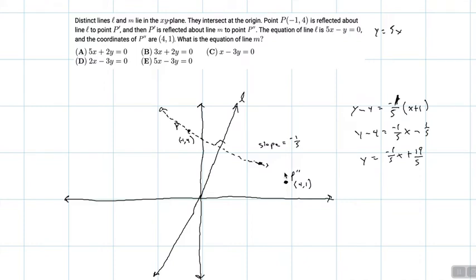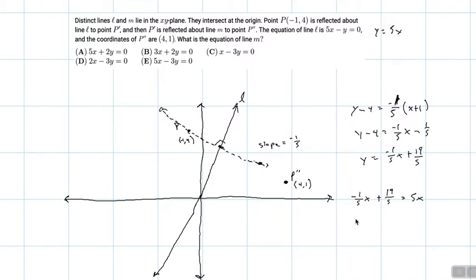Next, we want to find the intersection point between the perpendicular line and line L, because once we find that, we'll know the change in y and change in x to get there, which will then allow us to find the change in y and change in x to get to this point. So we're going to set these two equations equal to each other. So -1/5 x plus 19/5 is equal to 5x.